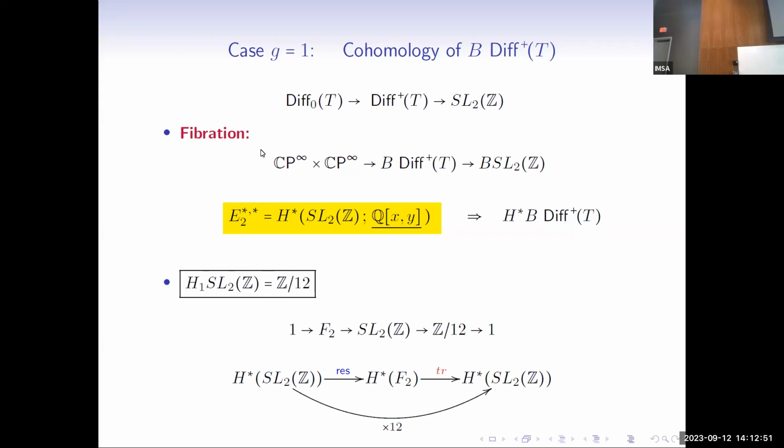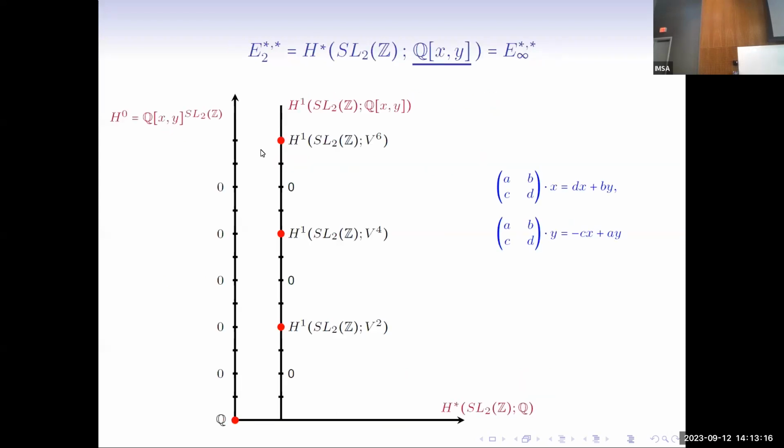So an argument using the restriction and the transfer then tells us that the rational cohomology of SL2Z has to inject into the cohomology of the free group, which is the cohomology of a wedge of two circles, right? So everything in the spectral sequence is concentrated in the columns 0 and 1. So this is what the E2 term looks like.